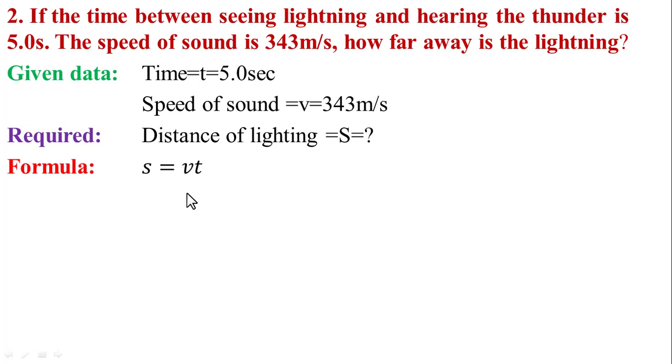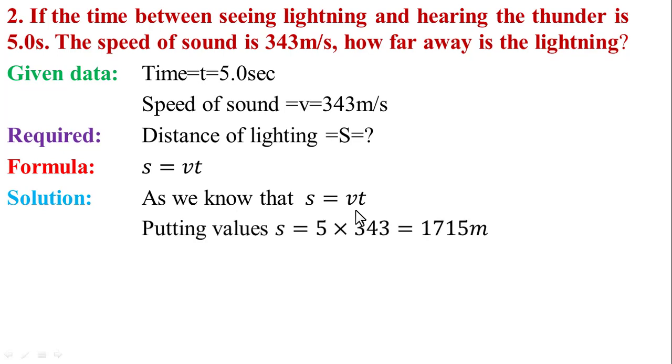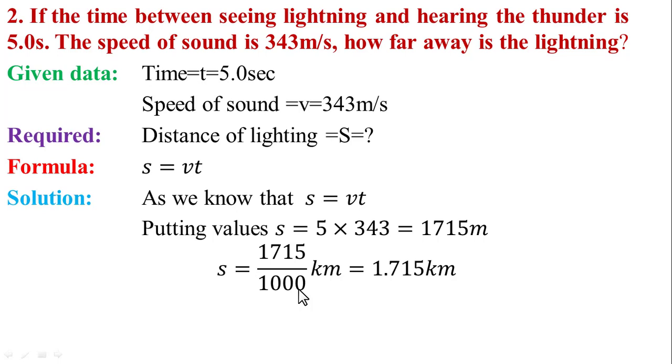Now using the formula s is equal to vt, finding the solution, as we know s is equal to vt. Putting the values, s is equal to 5 multiplied by 343. Now 5 multiplied by 343 is equal to 1715 meter. So s is equal to 1715 meter divided by 1000, changing into kilometer.